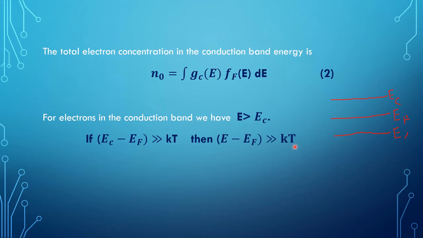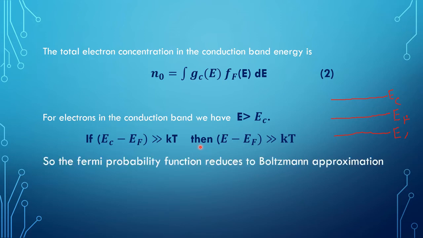So from this point, the Fermi-Dirac probability function reduces to the Boltzmann approximation. Here we consider this condition, and now we reduce the Fermi probability function to the Boltzmann approximation.